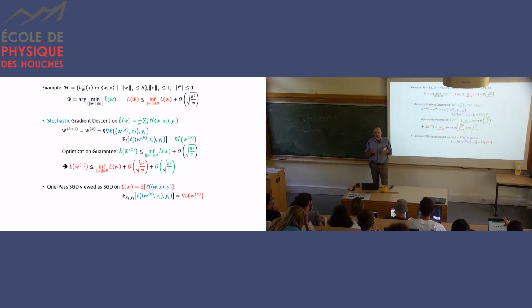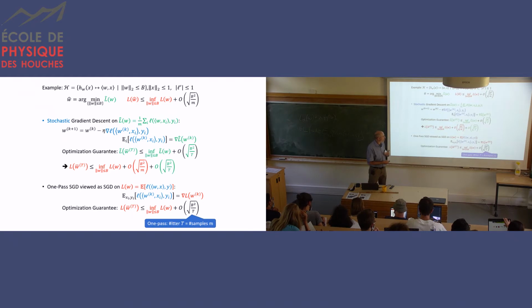The optimization guarantee we get for stochastic gradient descent is directly on the optimization objective, which in this case is the population error. So the stochastic gradient descent guarantee itself directly gives us a learning guarantee, a guarantee on the population error, and we do not have to go through uniform convergence.